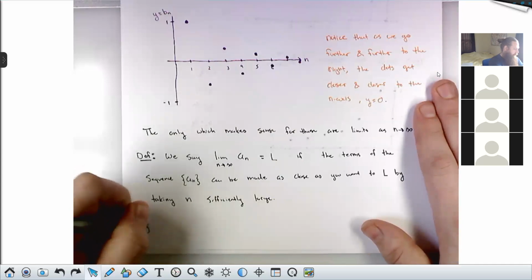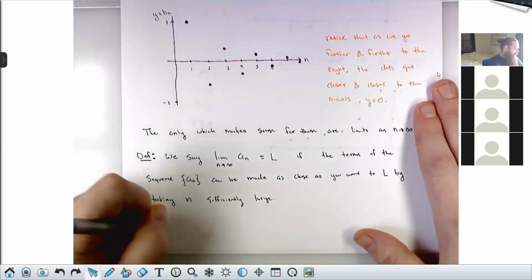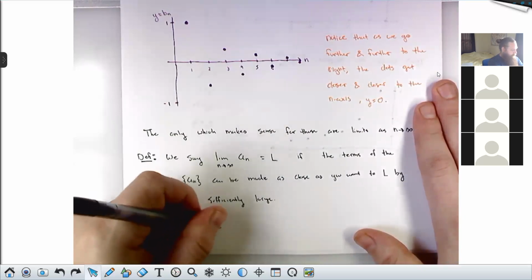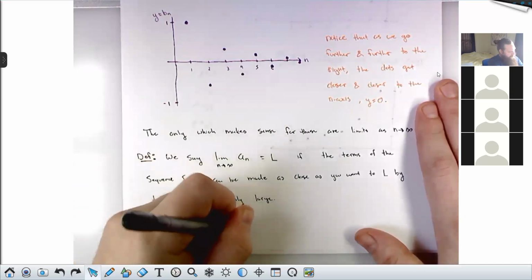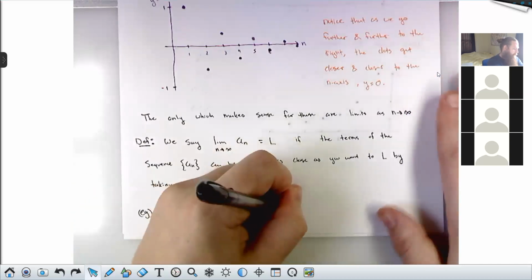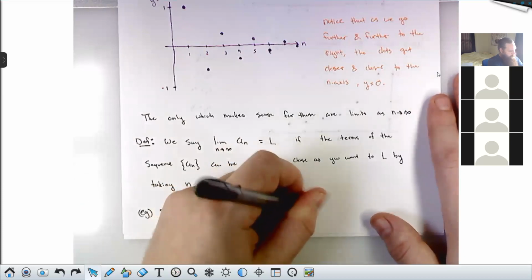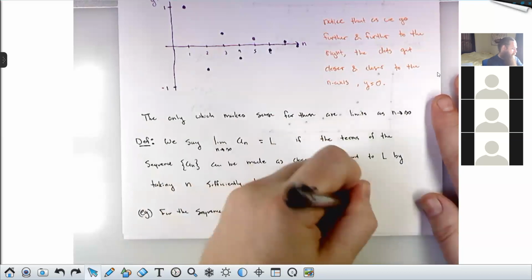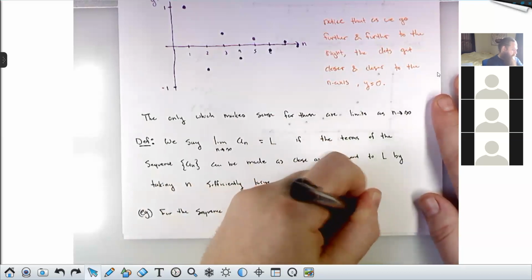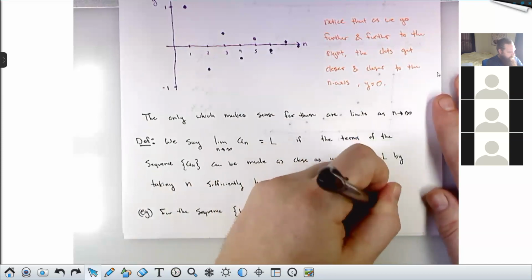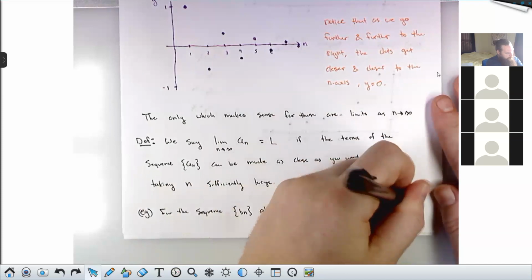So, for example, for the sequence b_n above, L is equal to 0. That is, the limit as n goes to infinity of (-1)^(n+1) divided by n is equal to 0.